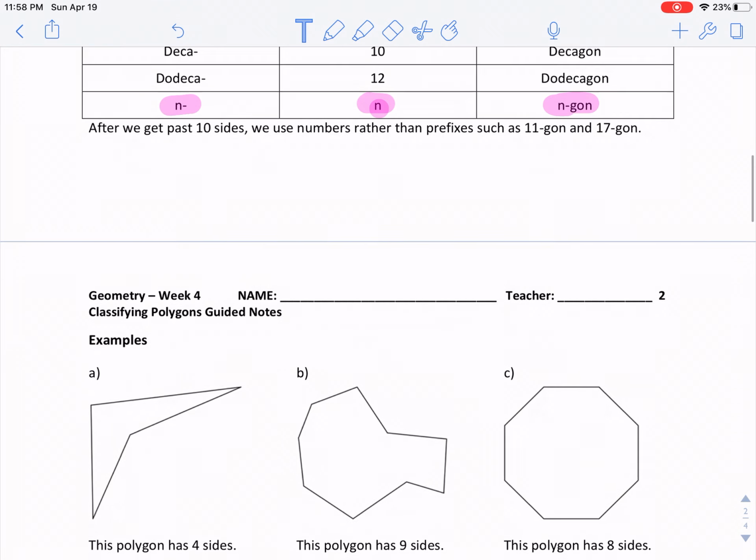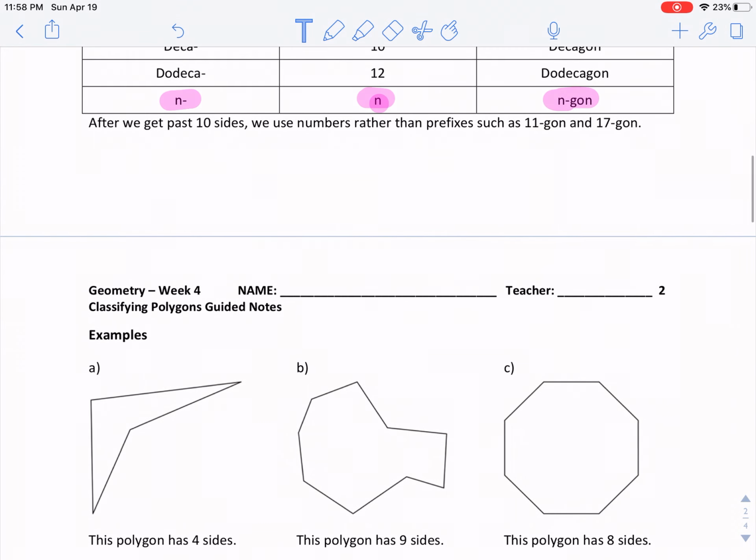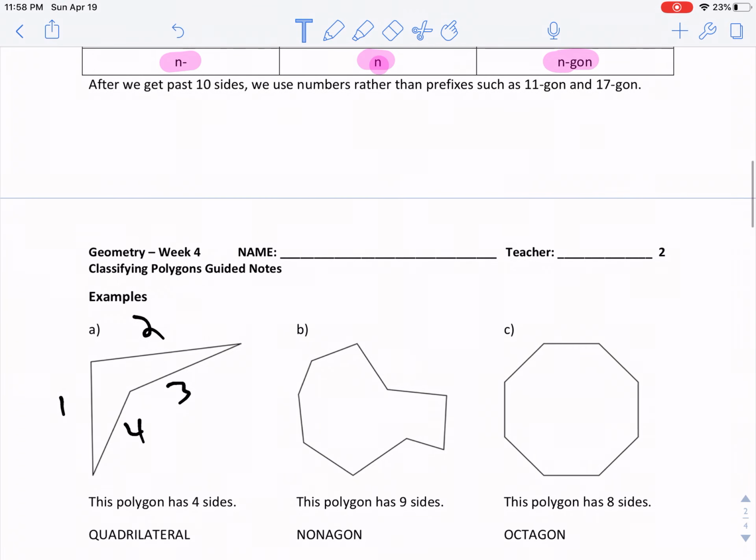All right, a couple of examples. Here, we notice it has, let me redo that, it has 1, 2, 3, 4 sides, so it's a quadrilateral.